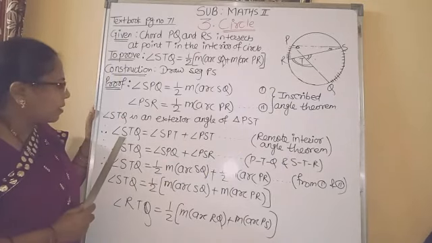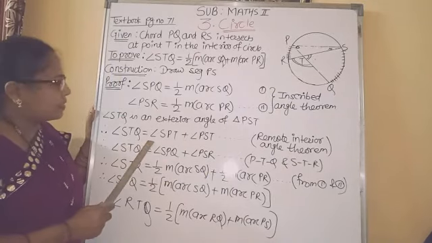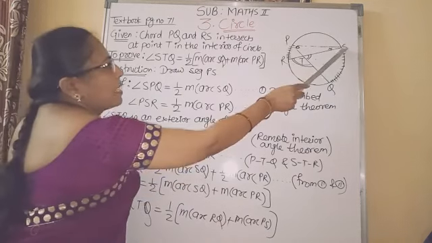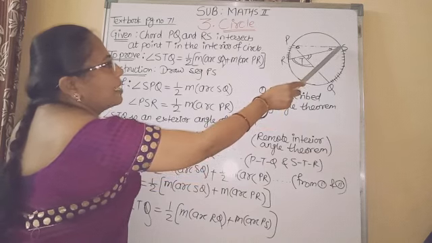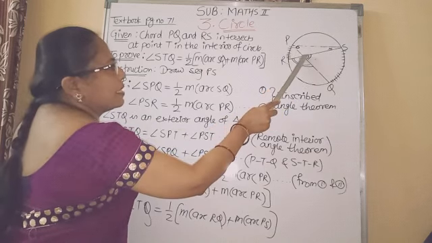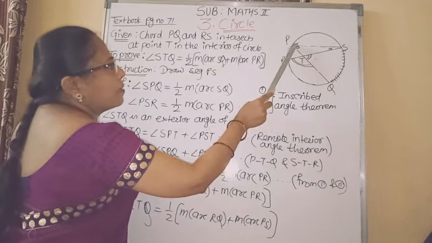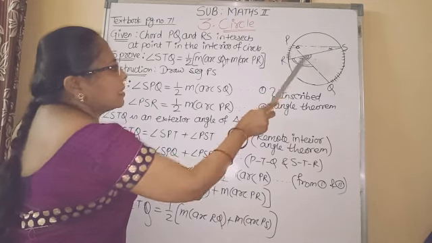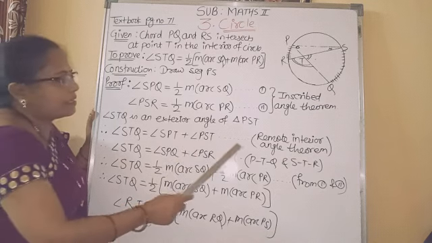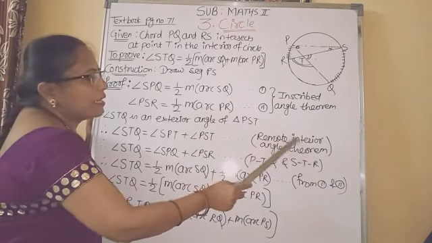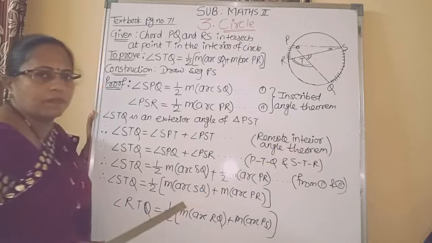And therefore, angle STQ is equal to angle SPT plus angle PST. Reason: remote interior angle theorem.